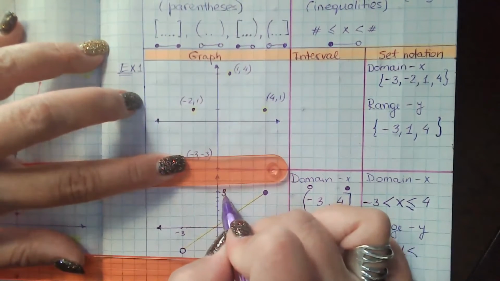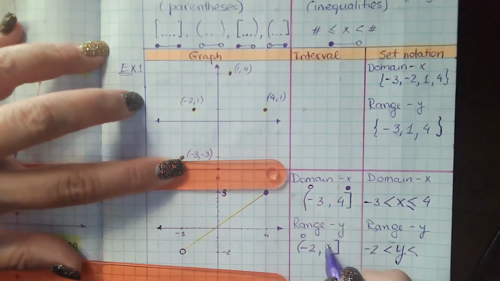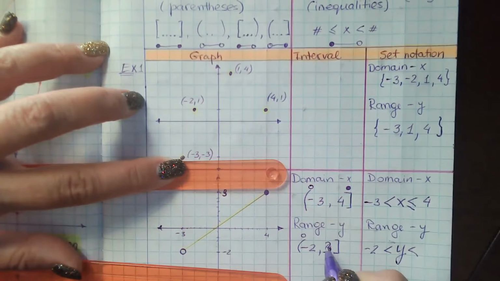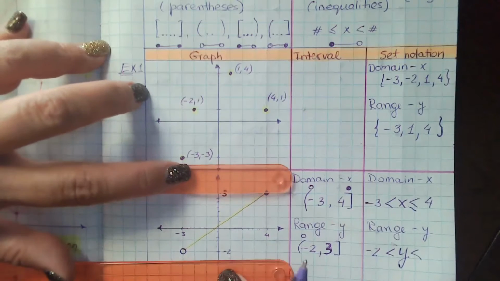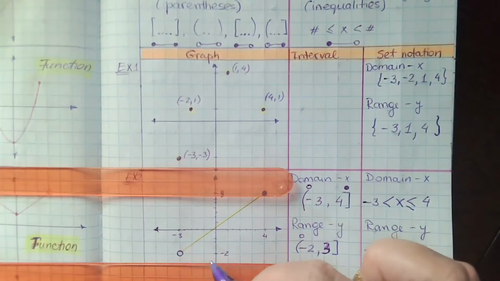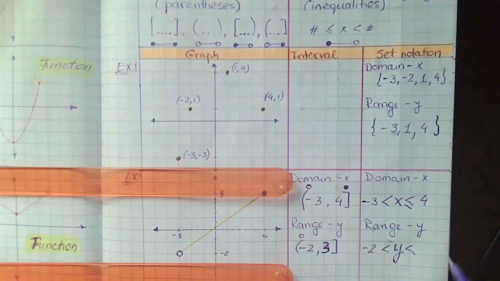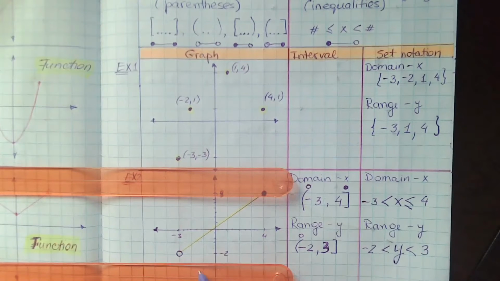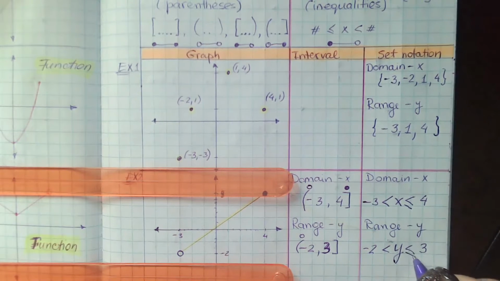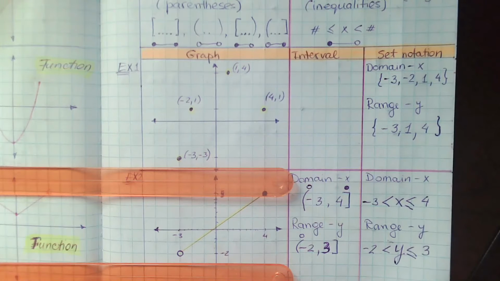Oops. Make sure we have 3. -2 all the way up to 3. -2, then you look at the excluded circle. That was less than without an equal sign, but 3 is included. So that's when we add that equal sign.